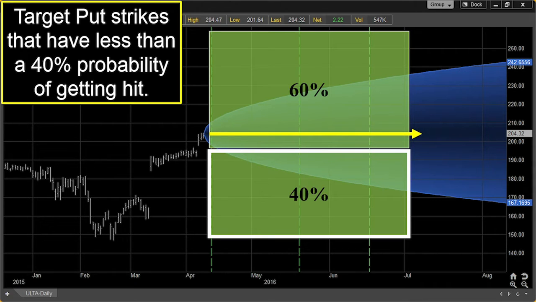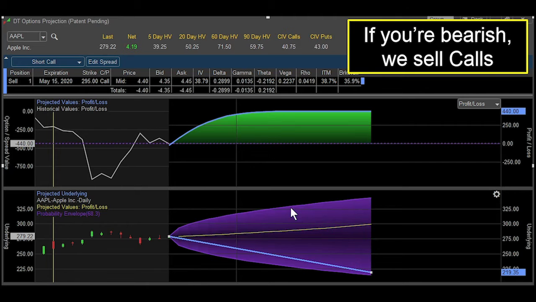That is the equivalent of basically buying a bullish stock at $204 a share for $195 after the fact. Because at expiration, you have a 60% chance of being above $195 and only a 40% chance of being below $195.